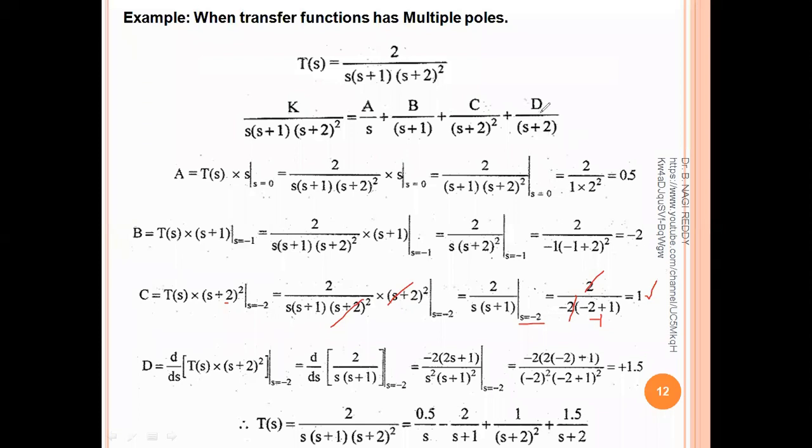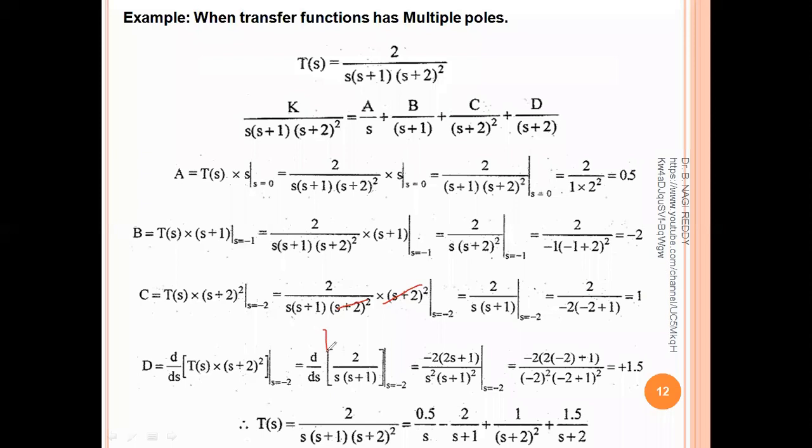And the last but not least, which is d, in order to calculate the d, what do we do? We must differentiate the c term. So this is the c term, and you must differentiate it. So substitute the transfer function here, where s plus 2 whole square and s plus 2 whole square get cancelled.